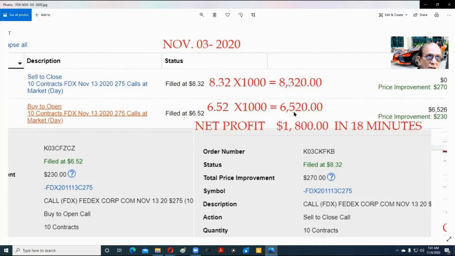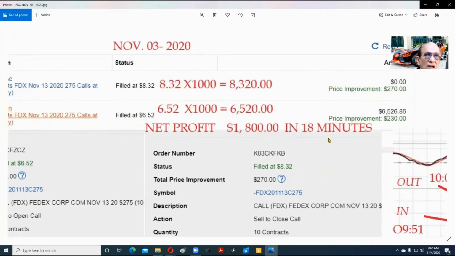So the actual cost is $6,520. We sold 19 minutes later at 8.32 times 1,000, which is $8,320. So the difference between the 8.32 and the 6.52 is $1,800 in 18 minutes.